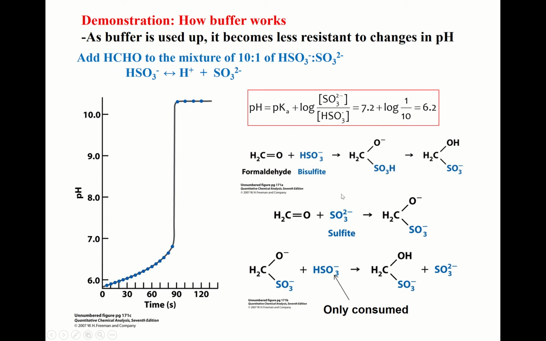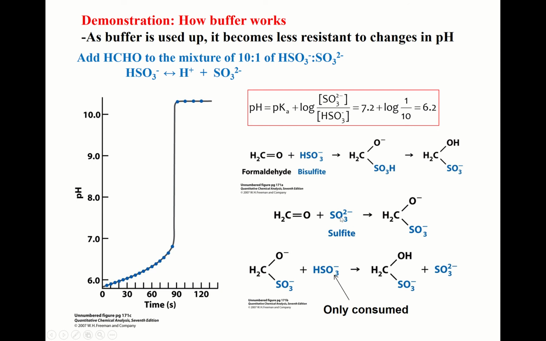With these two reactions, if you subtract the second one from the first one, you get this net reaction, which is this one plus bisulfite becoming this species, and the sulfite is regenerated.